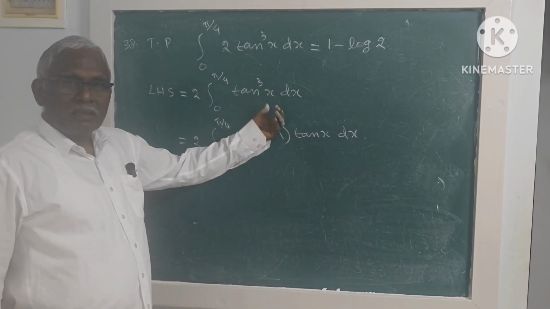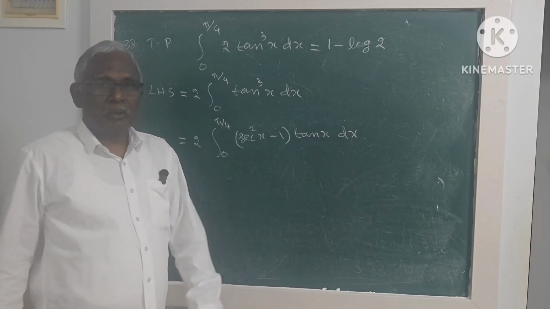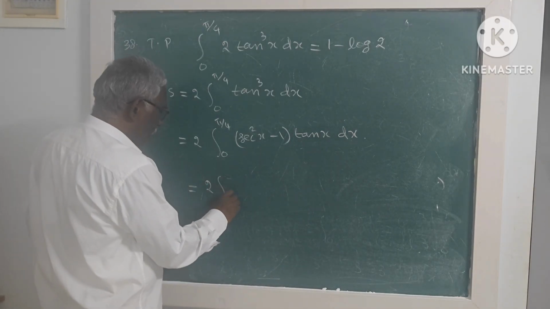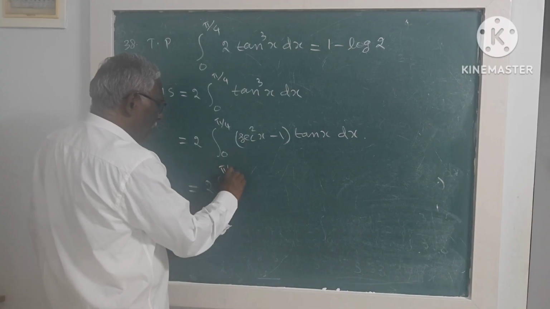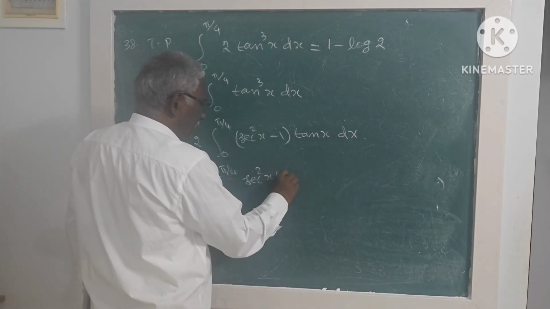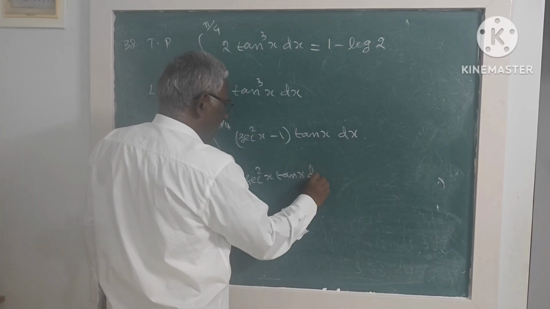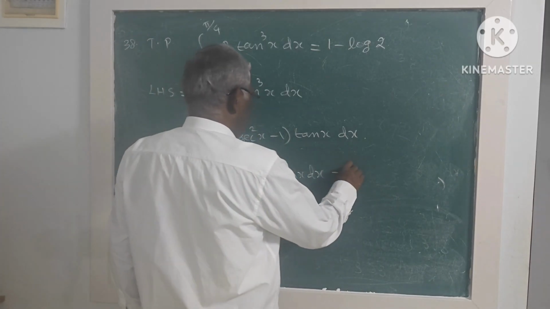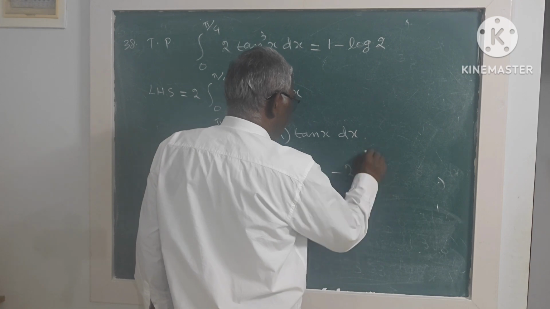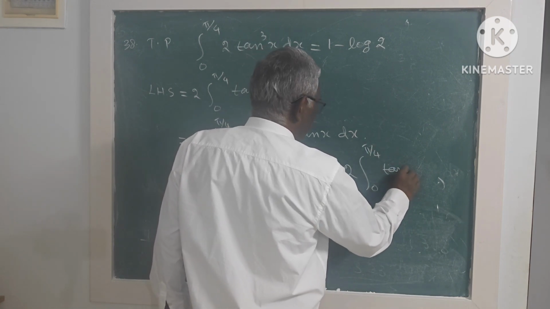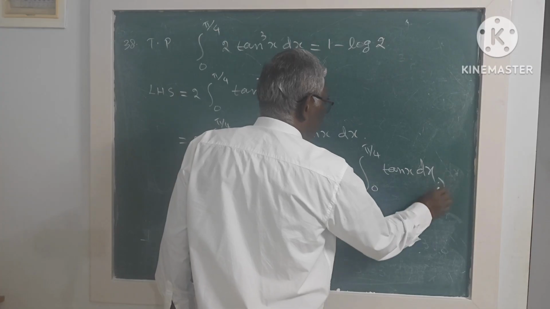So whenever tan is coming, we should try to bring secant square x. Now this we can write as integral 0 to pi by 4 secant square x tan x dx minus integral 0 to pi by 4 tan x dx.